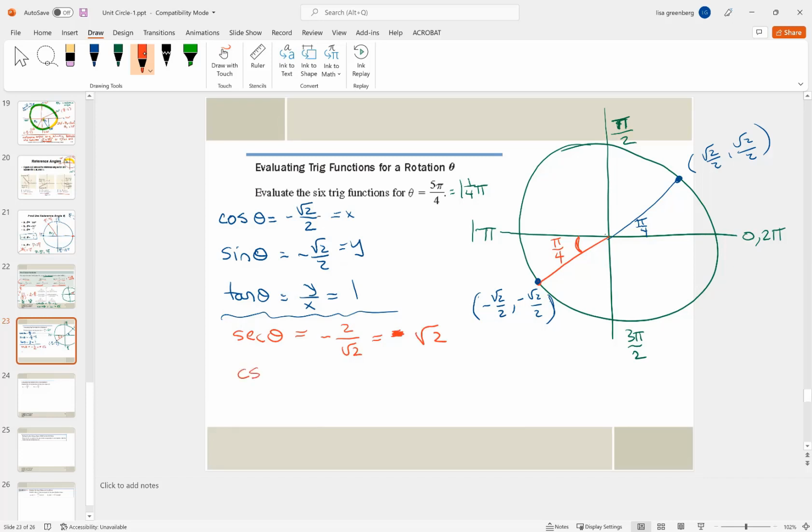My cosecant is again the same thing. It's just the reciprocal of my sine, so again, it's going to be negative 2. And my cotangent is going to be the reciprocal of the tangent. The reciprocal of 1 is 1. So those are my 6 trig functions for 5 pi over 4.